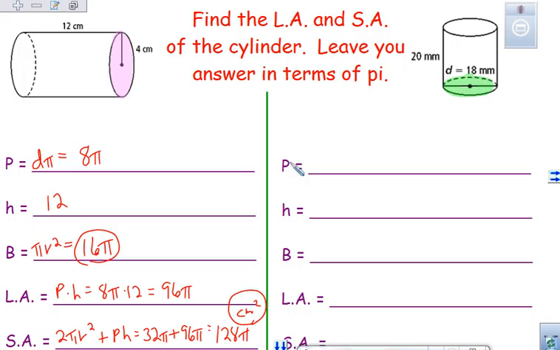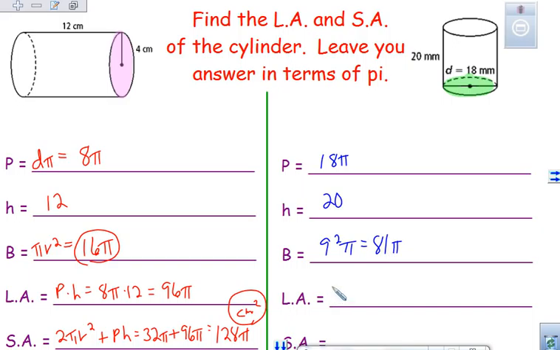In the second example, the perimeter again is the circumference. The diameter is given, so that's 18 pi. The height is given as 20. The area of the base is pi r squared, so our radius is 9, so 9 squared pi is 81 pi.